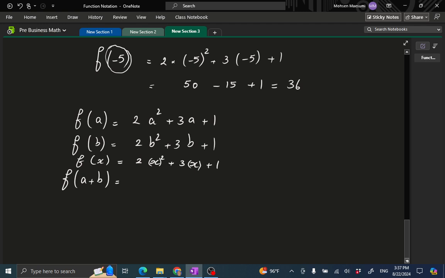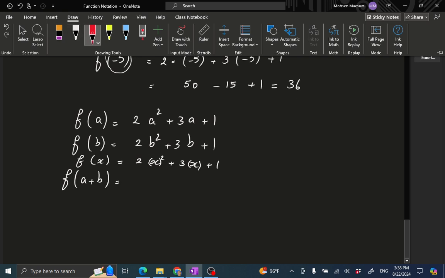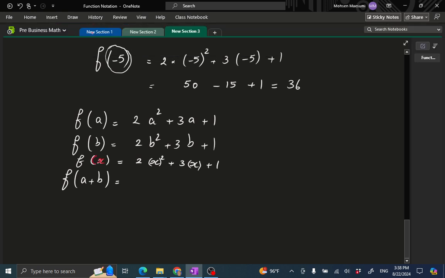So emphasizing that whatever was handed to us, whatever it was, has to be squared, has to be tripled, and all these things have to be added to each other. So we do the same thing here. To emphasize that, let me color it. So here I have x. I took that x with its parentheses and carried the parentheses with me just for training myself in how to think about this thing.